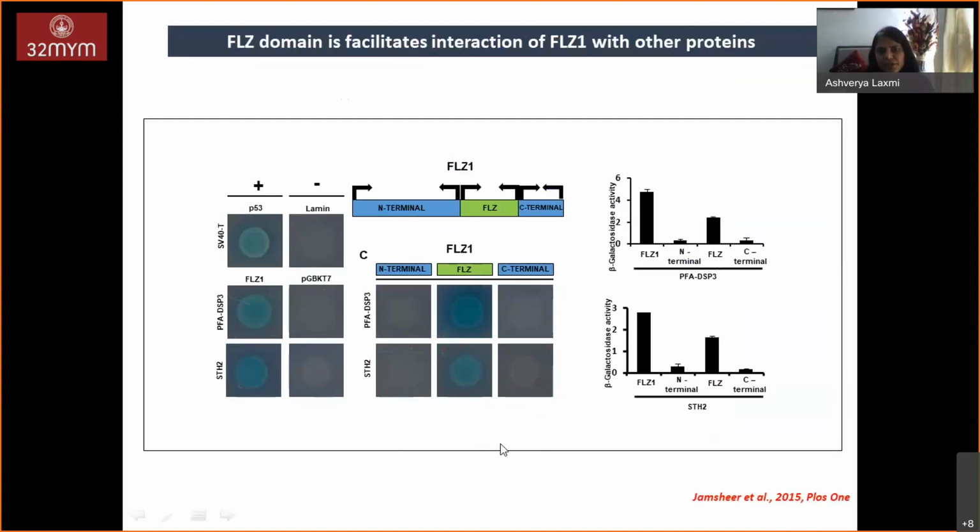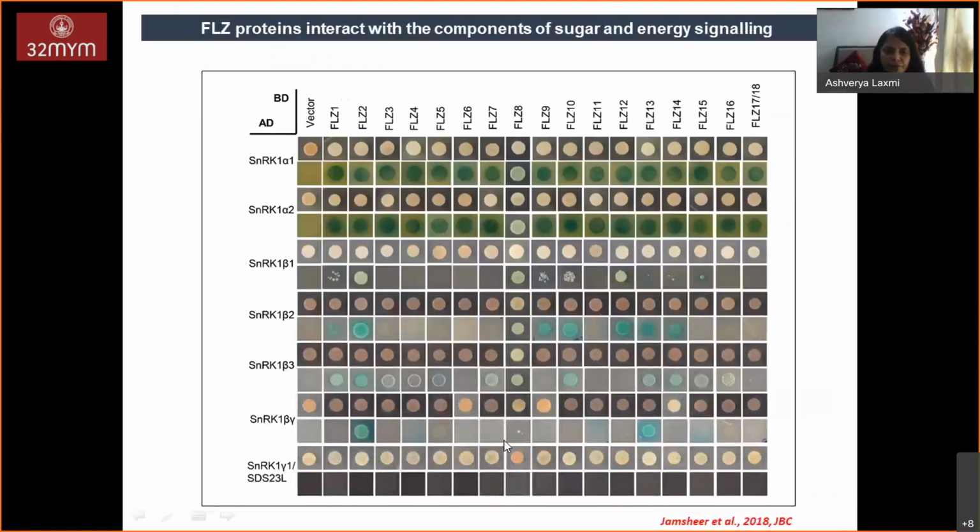When we looked at the binding repertoire of these proteins, we could see that they could interact with several of the very prominent proteins involved in growth and development as well as stress responses. But most interesting to us was its interaction with the SnRK1 alpha-1 subunit.